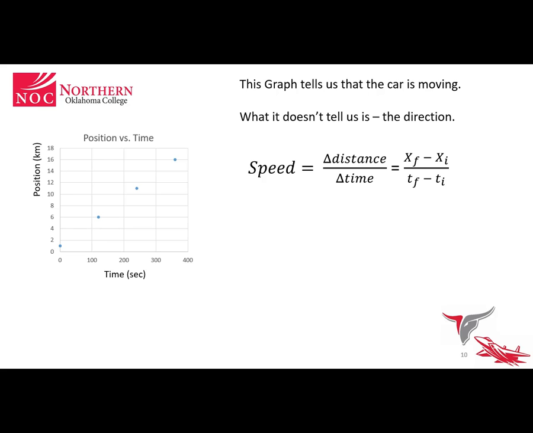And we can see that speed, in this case, is going to be the slope of that best fit line. So we can plug in our numbers here, and we can see that we're traveling, in this case, at 42 meters per second, or 0.042 kilometers per second.